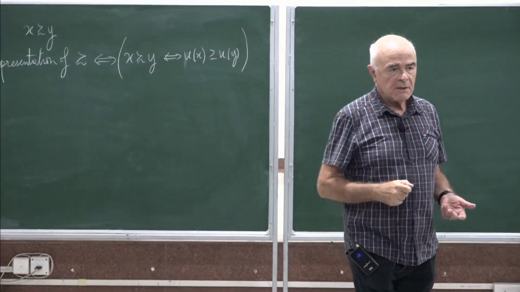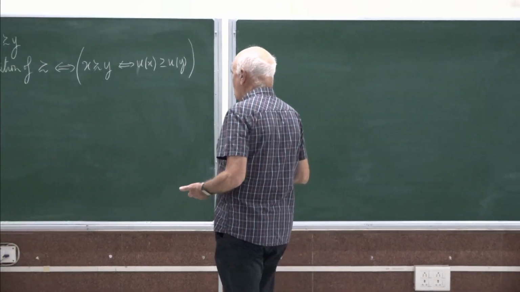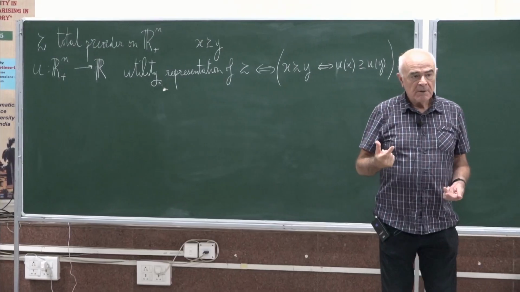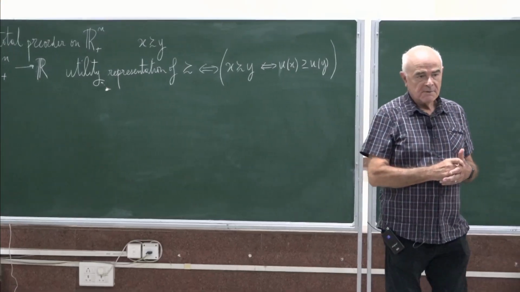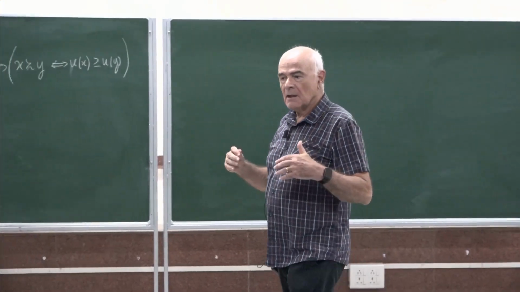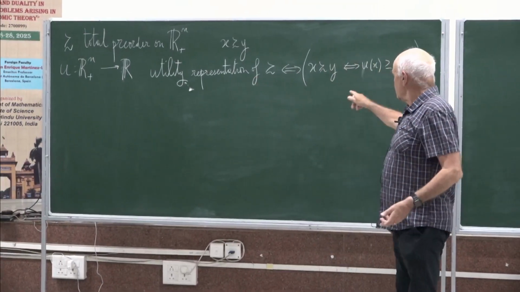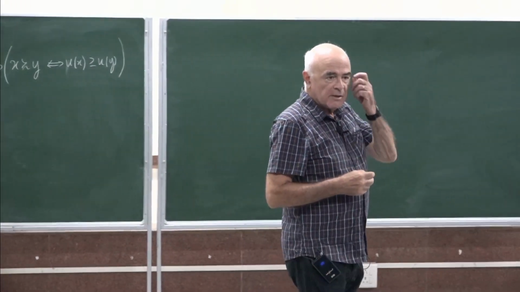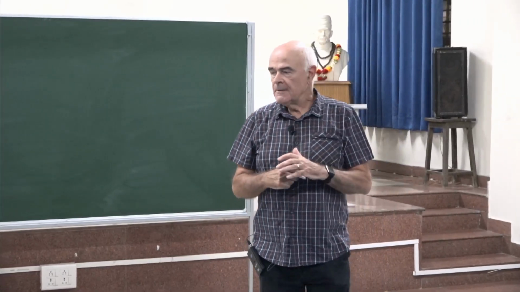So if such a utility representation is available, comparing two commodity bundles, which are two vectors, reduces to comparing two numbers, two real numbers. If we want to find our most preferred commodity bundles, we just have to maximize the utility function. And we are familiar with maximization of functions, okay?